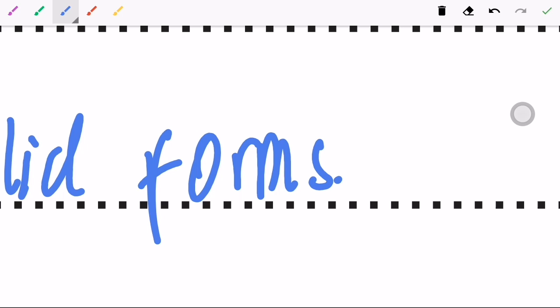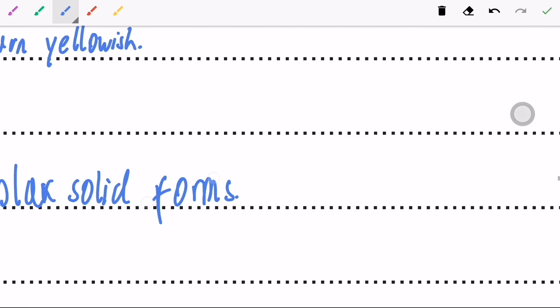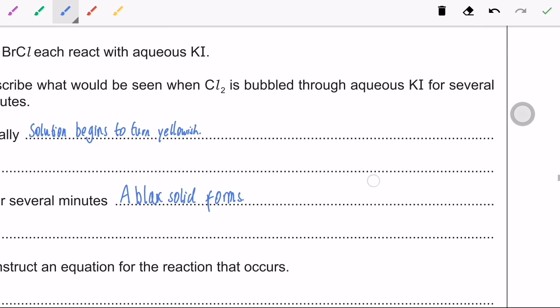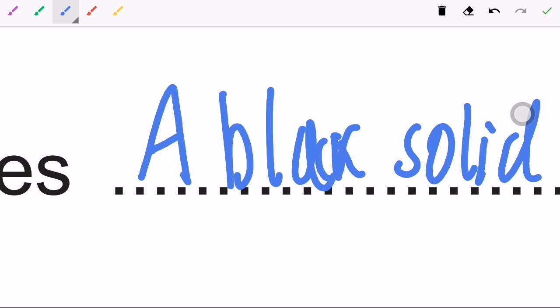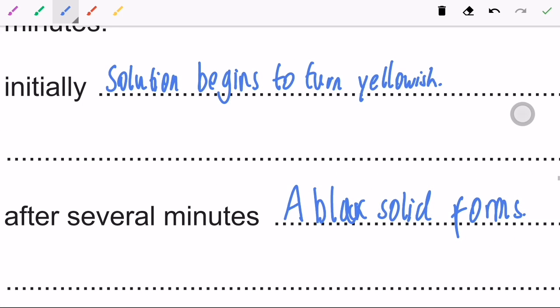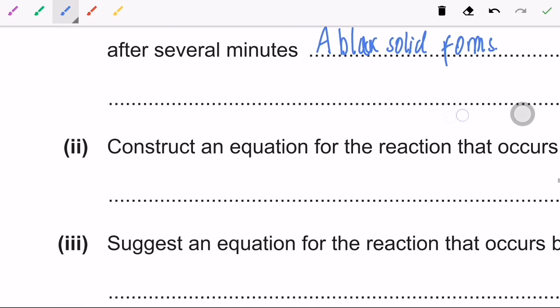Like when you're a kid, the maximum you'd be able to say is that it turns yellow and there's a black thing coming out. Exactly the thing that they need in here. So imagine the experiment and carry it out in your brain and watch it as though you were 10 years old.